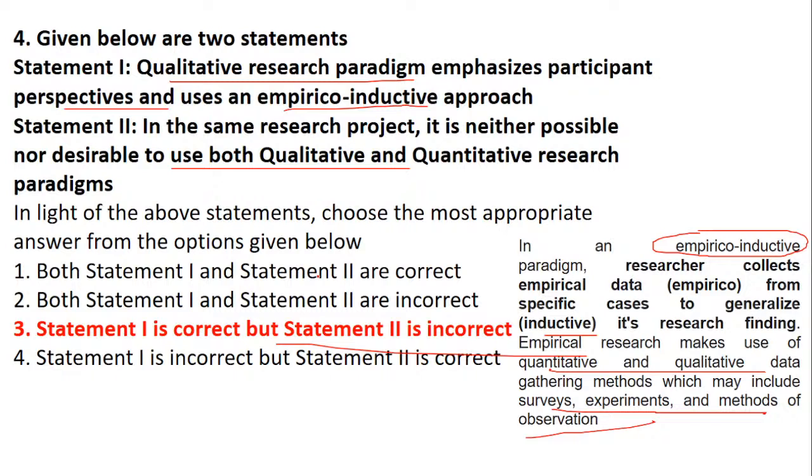Junaid, I mean to say, some students are not from a core research background, so it becomes difficult for them to understand triangulation, mixed method and all of those. So in a simple way, that's the reason I mentioned the meaning of the empirico-inductive approach.